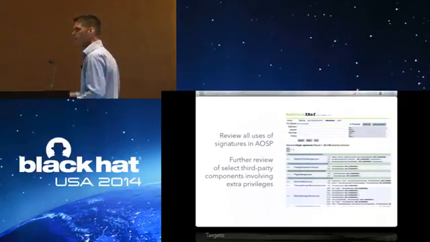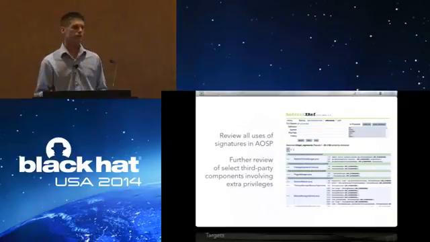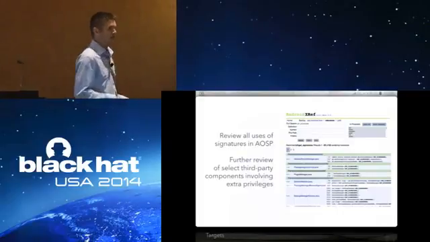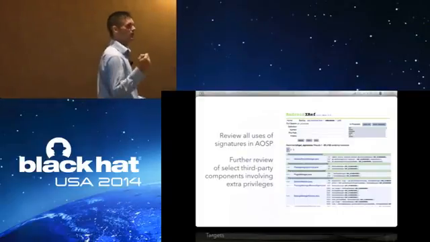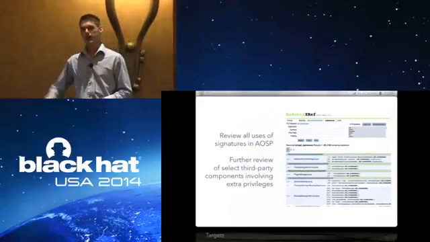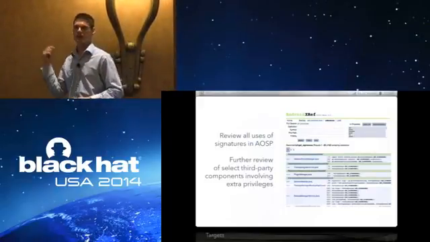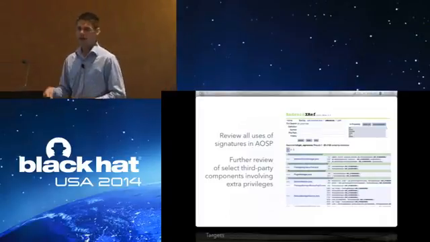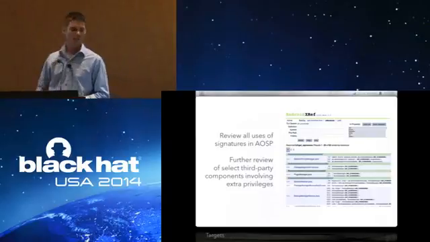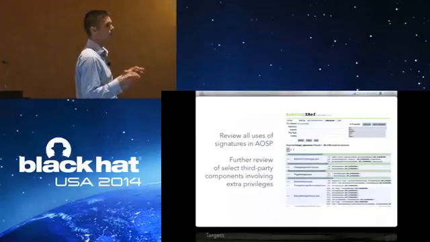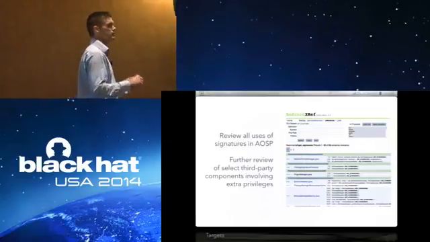So what we wound up doing is going through the entire AOSP code base, basically doing a find grep for every piece of code that does anything with an application signature, and then reviewed every single one. So it's kind of like a manual source code review of every use of signatures on Android. And due to other endeavors that we have, we also looked at a lot of third-party components that involve extra privileges tied to certificates.